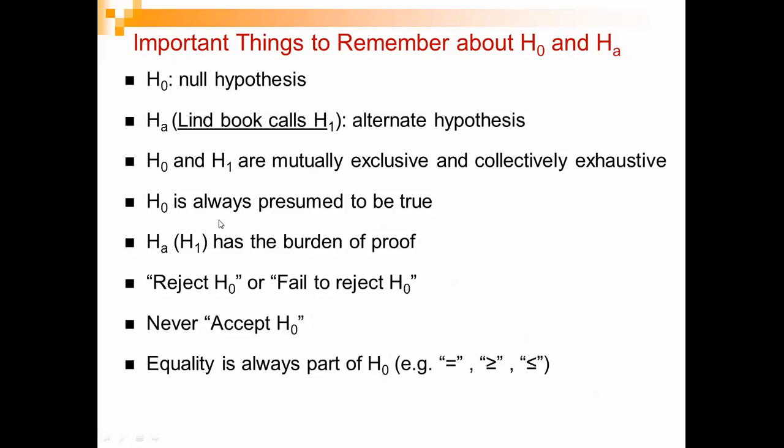Whenever we're doing null hypothesis testing, the null hypothesis is always presumed to be true, and the alternate hypothesis, H sub A or H sub 1, has the burden of proof, so to speak. And we reject the null hypothesis, or we fail to reject the null hypothesis. And again, this is what most statisticians go by, is you never accept the null hypothesis.